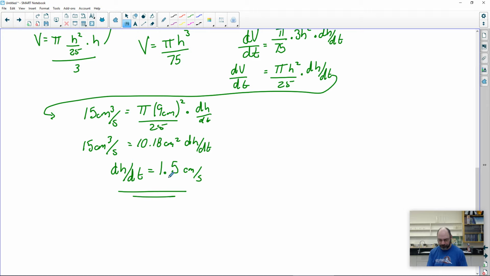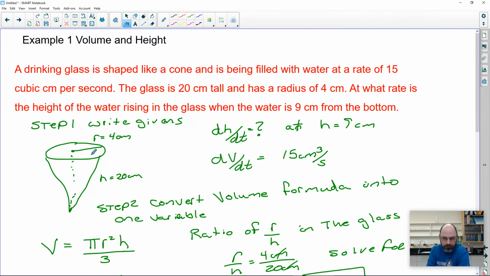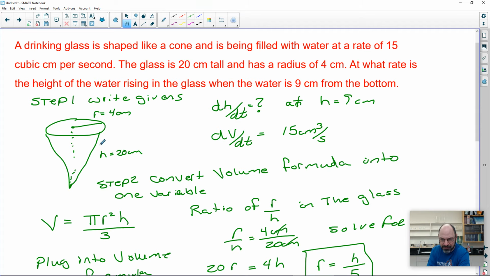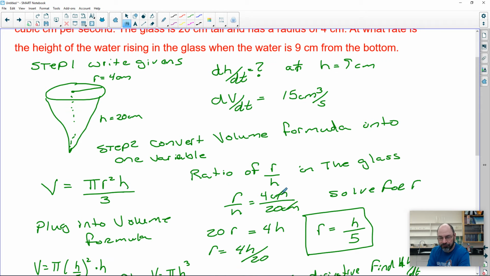That's the first one. Okay, so summarizing again, kind of what you go through is you should write down everything you know, get the size of the cup, and make a ratio of one of the variables to the other in the cone, the r to the h. Solve for the variable you're trying to eliminate.